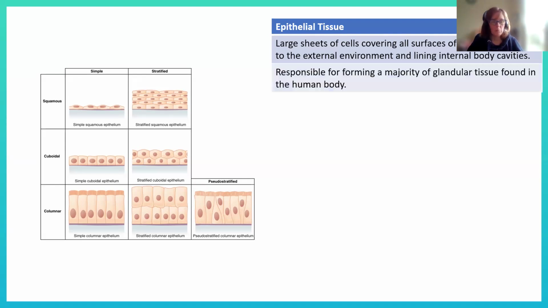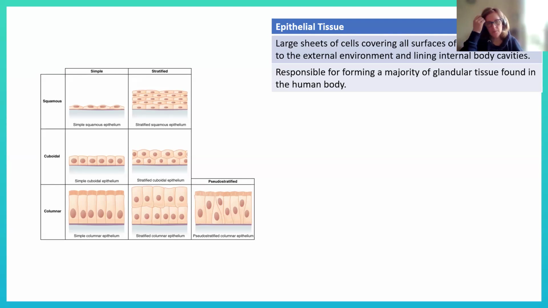Another important thing about this type of tissue, it's responsible for forming the majority of glandular tissue found in the human body. So glands are somewhere where hormones are released from. So it's very specialized in that it releases hormones. We're going to have a look at that later when we do another unit on homeostasis.